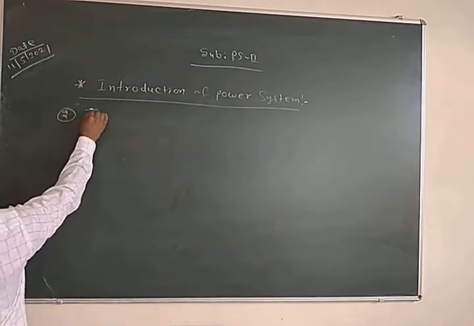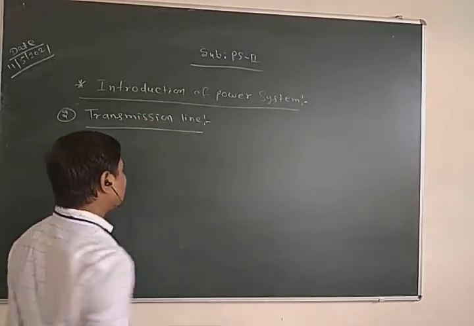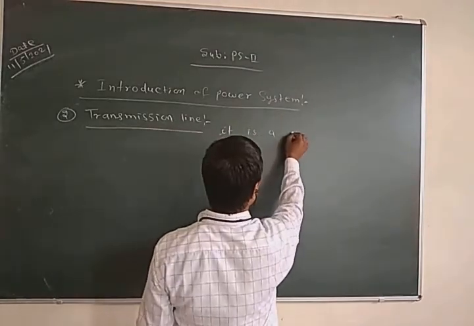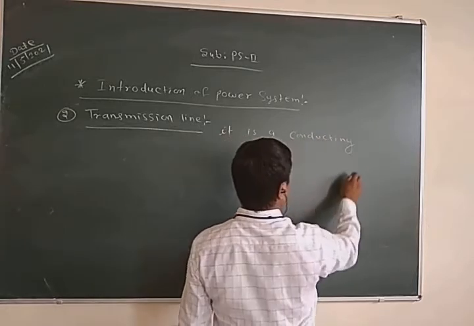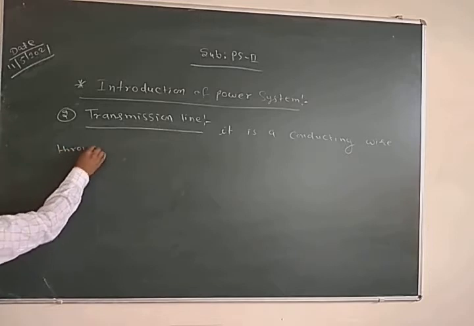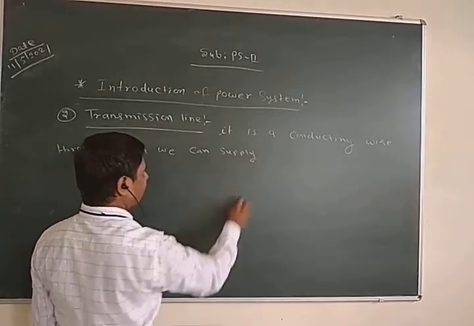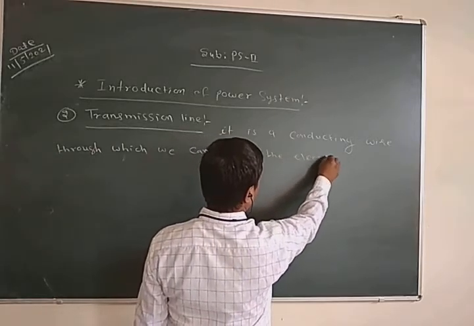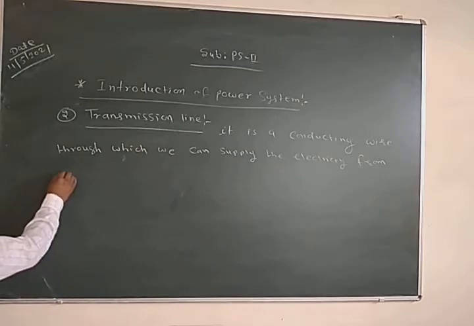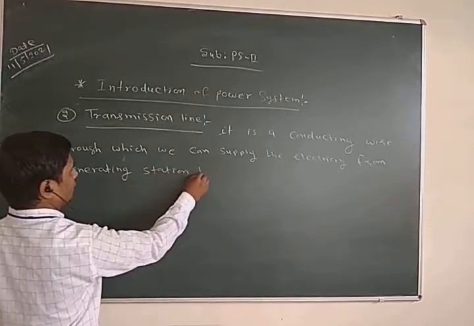Next component is transmission line. Transmission line is nothing but a conductor or conducting wire through which we can supply the electricity from the generating station to the load center.